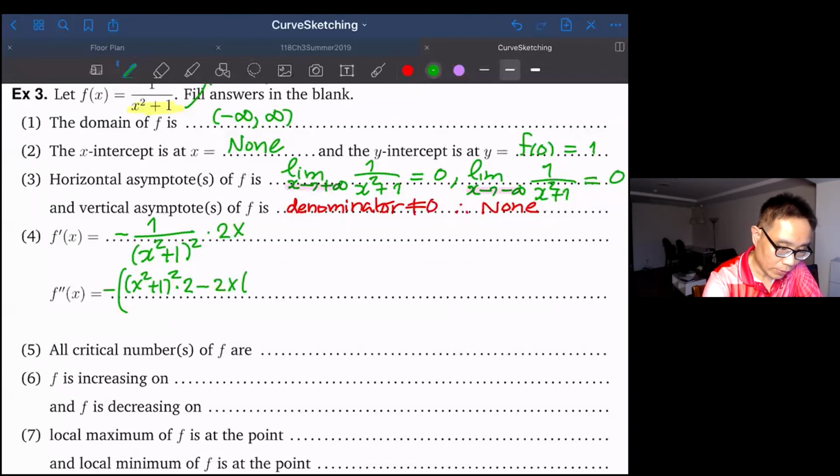The derivative of the bottom is 2(x squared plus 1). And you have the bottom squared, (x squared plus 1) squared, and then another square.